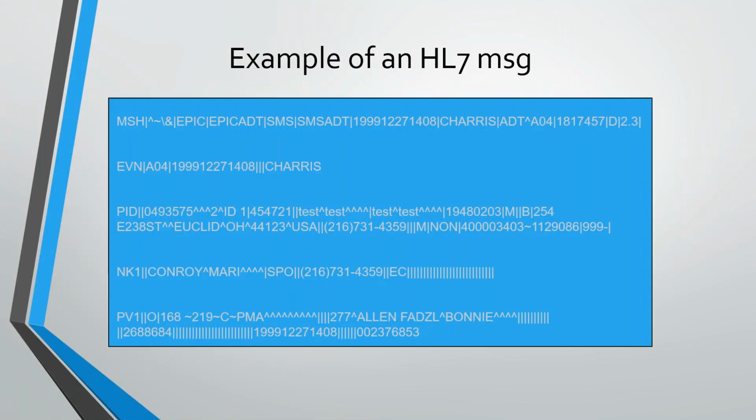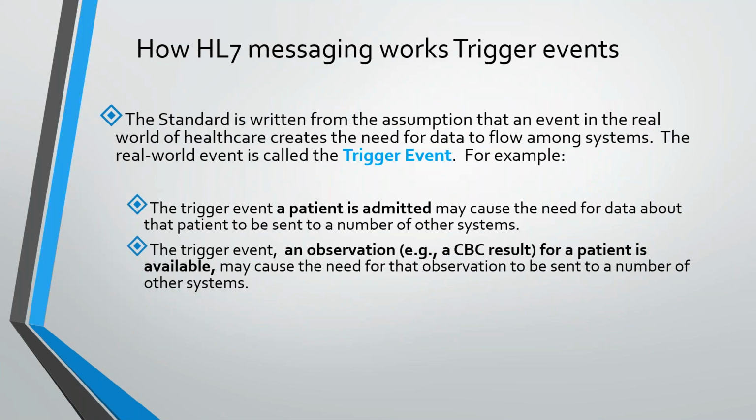Yesterday we briefly took a look at an example of what a trigger event is. I told you that the entire hospital workflow that we have gone through, which is the basic generic workflow, is divided into many different events. Registering a patient is an event, scheduling an appointment is an event, placing an order is an event.